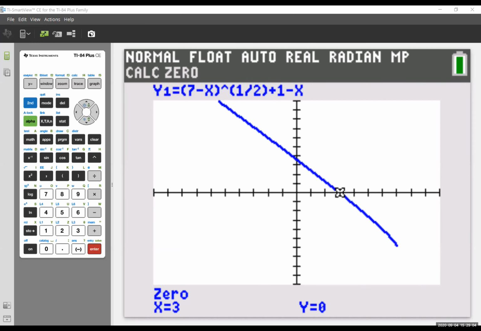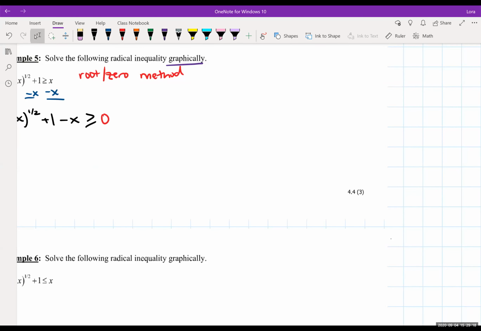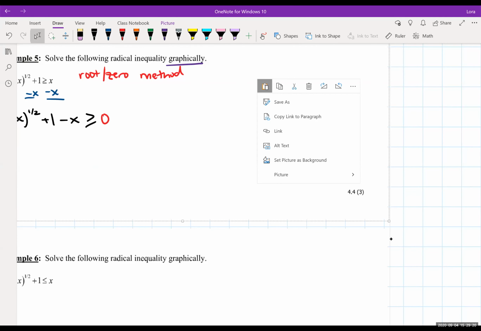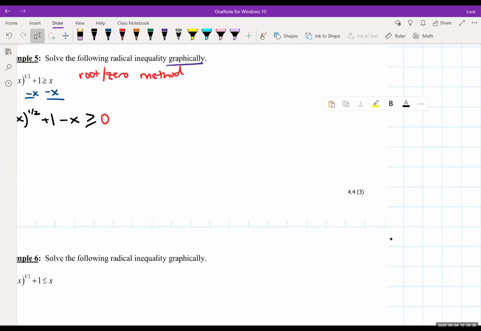You can also make a quick sketch of your graph if you'd like. But I just want to annotate it on our screen. So let's see if we can do that. I'll take it off. Let's see if it'll copy on here, but sometimes it doesn't. Oh, guess not. Be patient with me, please.